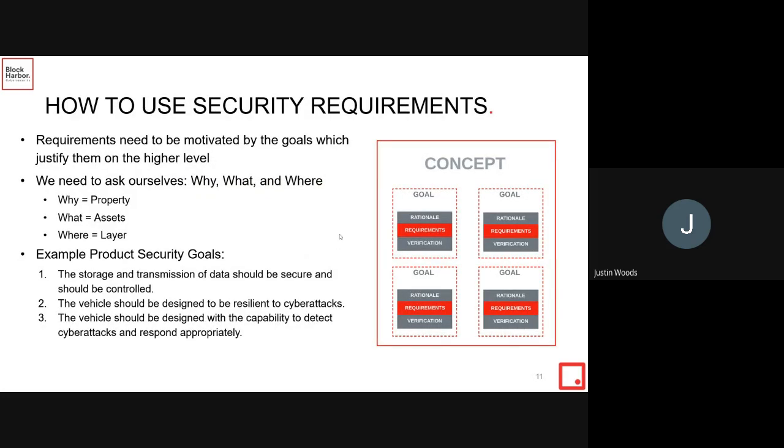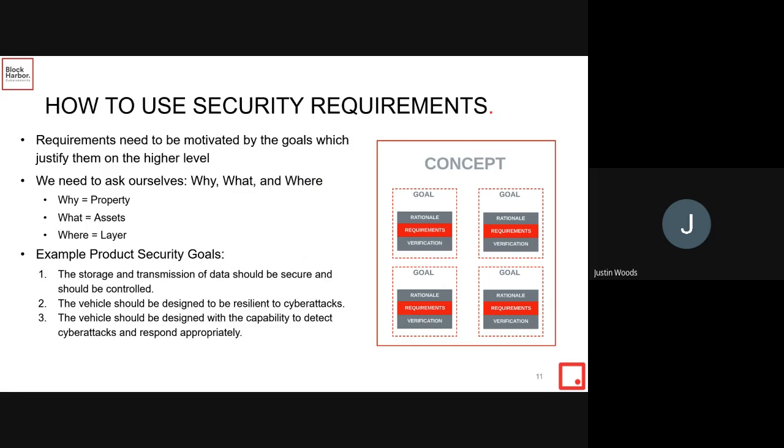So, the same images we had before with the security goals and concepts, but now looking specifically at the requirements portion of it. So requirements need to be motivated by the goals which justify them on the higher level.